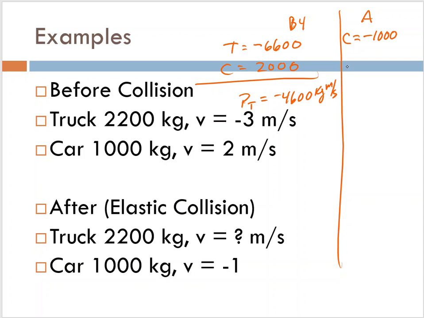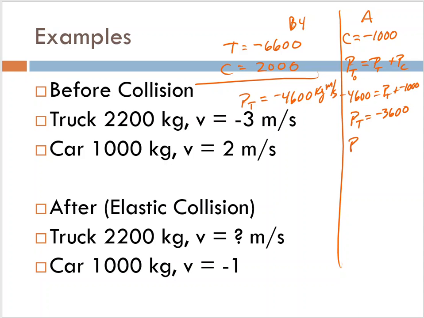So we know that the total momentum is equal to the momentum of the truck, I'm going to put TO for that, plus the momentum of the car, and we know that the total was negative 4,600. We don't know the momentum of the truck, but the car was negative 1,000. So that means the momentum of the truck after the collision is negative 3,600.